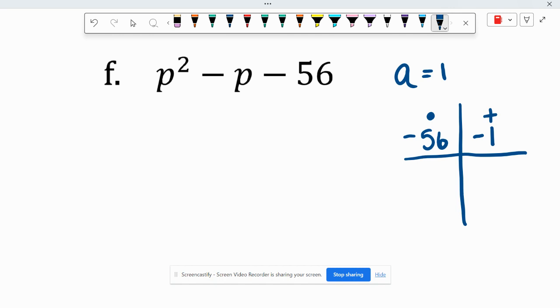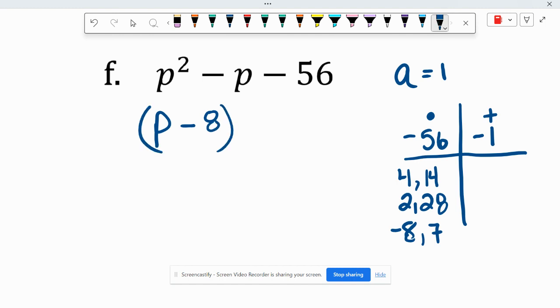Okay, let's see. 56: 4 and 14, 2 and 28, 8 and 7. Which one needs to be negative? If the 8 is negative, then I get a sum of -1. Since A is 1, my factors are just plugged in: p minus 8 times the quantity p plus 7.